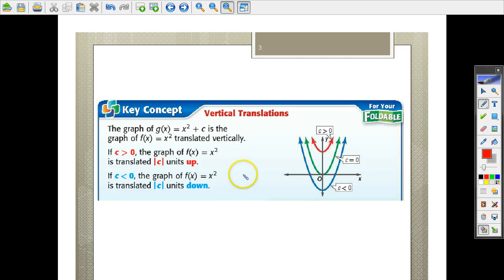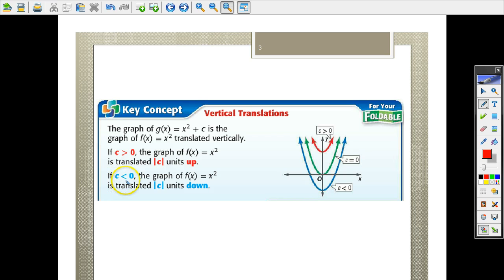All right, vertical translation. If you're sliding up or down, the graph of g of x equals x squared plus c is the graph of f of x equals x squared translated vertically. If c is greater than 0, the graph of f of x equals x squared is translated the absolute value of c units up.